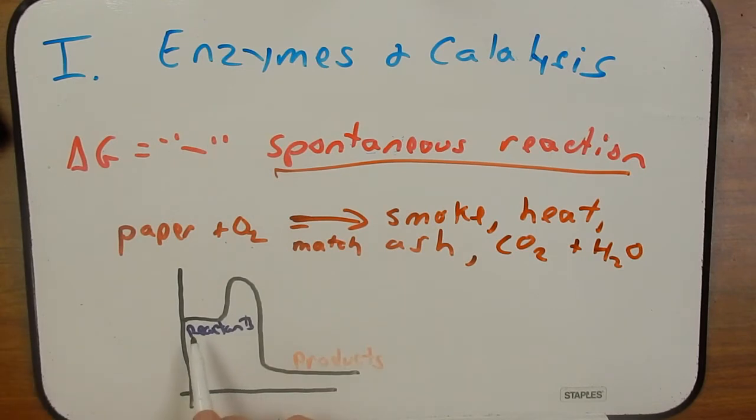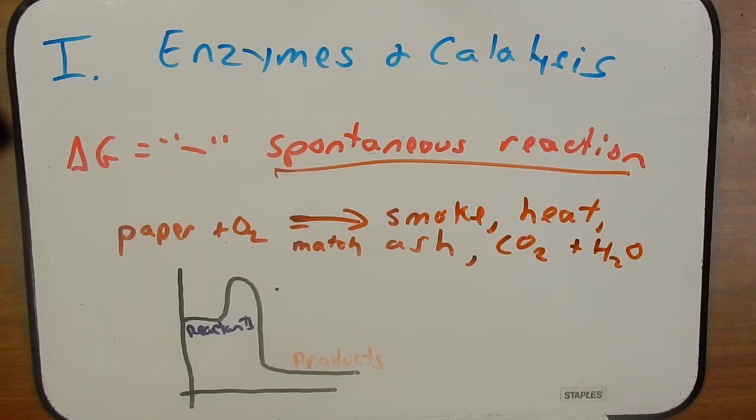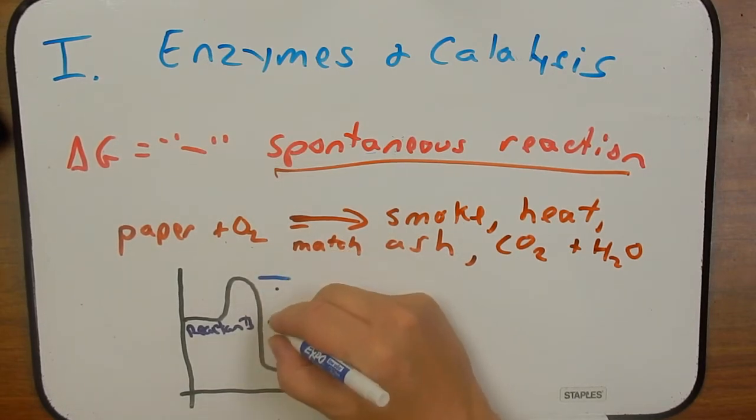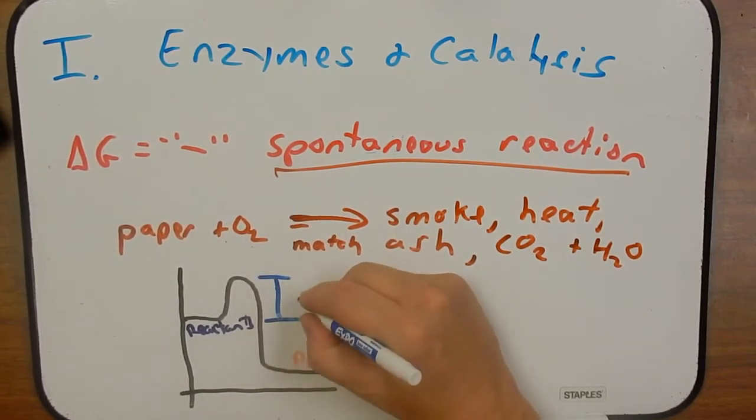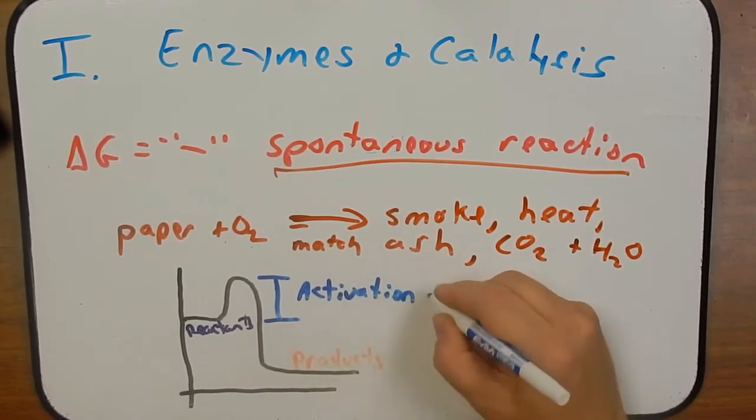The reactants have a lot more energy, so they will have a tendency to go downhill to a lesser form of energy. But in order to do that, they have to get over this hump here. And this hump is something we call the activation energy. So from here to here is the activation energy.